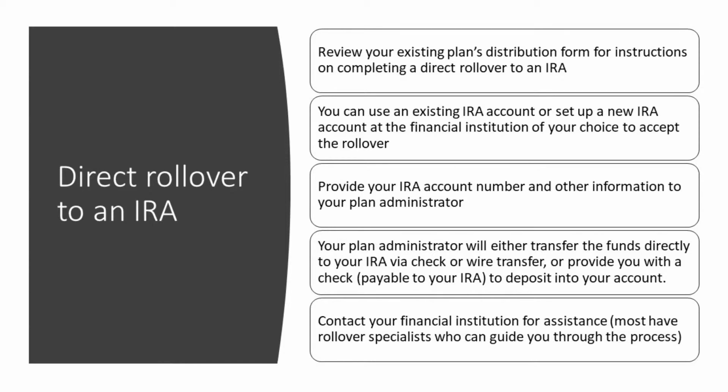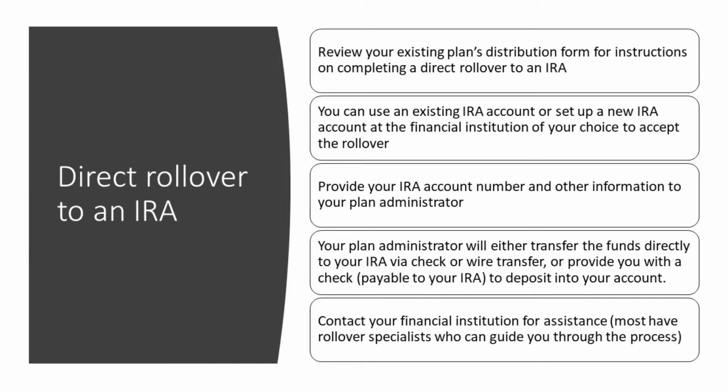Once that is established, you contact that company and say simply, I want to roll over my 401k, 403b, 457 into this IRA. They're going to want to know, all right, who do we make the check payable to? It's not going to be payable to you. It will be payable to your new IRA company, whoever that is.